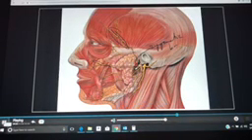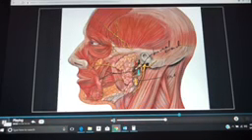Now the blue arrow is showing the buccal branch. Follow the branch here. This is your buccal branch of the facial nerve. The yellow is the mandibular branch, right?